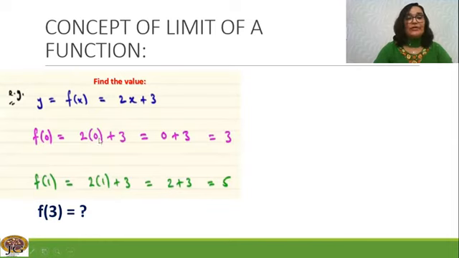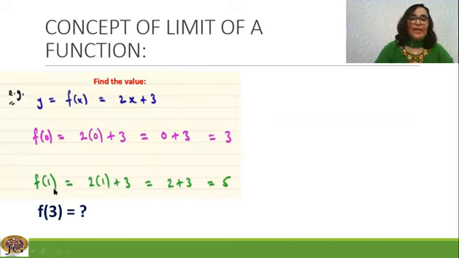As you see on your screen, 2 multiplied by 0 plus 3 will give me the answer equal to 3. I'm sure you know that whatever is the value of x given to you, if you substitute that value of x in your function, then you will get some answer of your function.